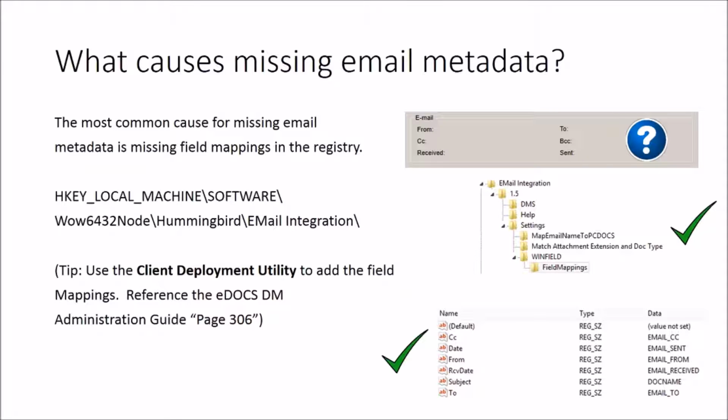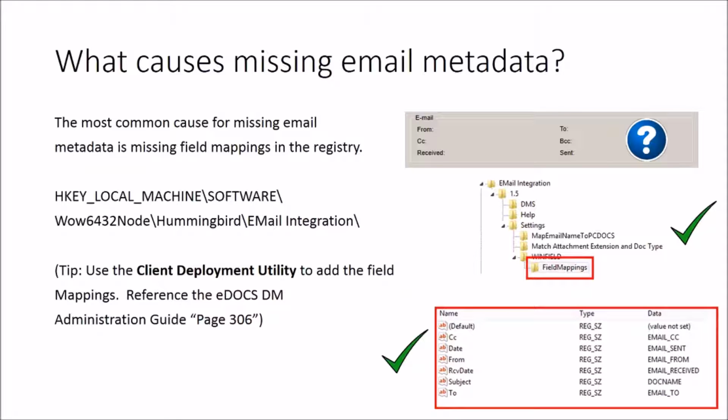So what causes missing email metadata in the first place? Here you'll see I have a registry key listed that points to a field mappings key in the registry. If this field mappings key is not in place, then the information will not get recorded to the database. So when you look at your profile, you'll notice that the email fields have nothing in there.